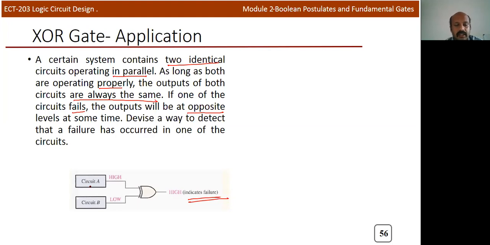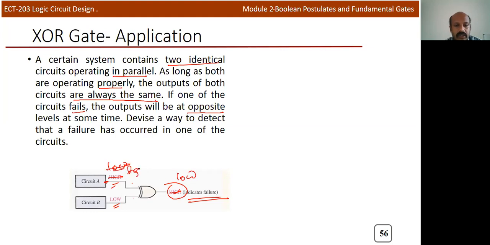So assume that device A is working properly, so it produces high. Maybe B is working as faulty, so output will be low. One device is working properly, the other device is not working, so you'll get one high and one low. So output will be high, meaning the entire system is indicating a failure condition. If both are low, the output is low, it's okay.